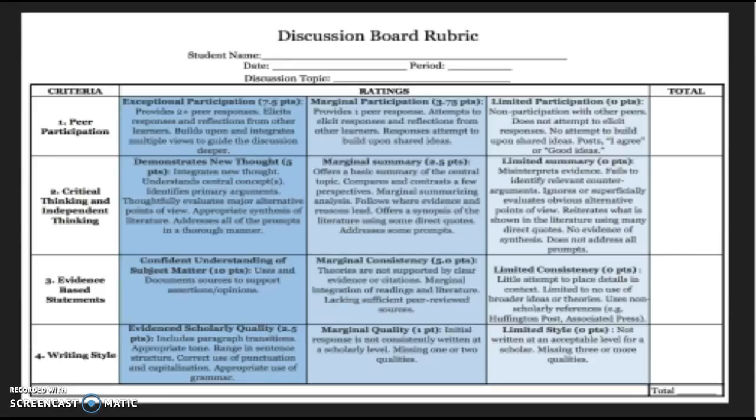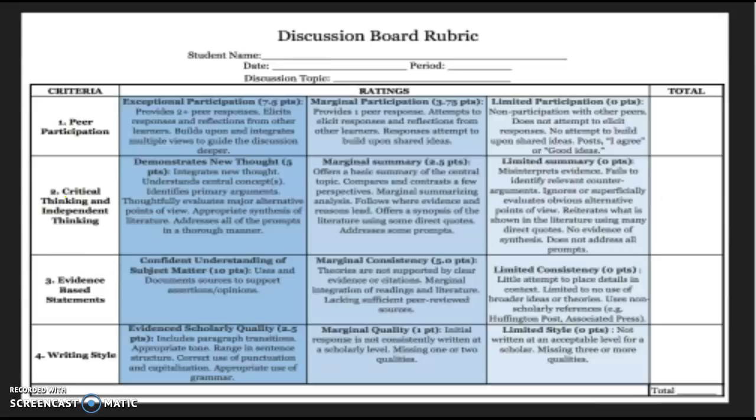Part 1, or the first criteria that needs to be met, is peer participation. As we discussed, you need to provide 2 peer responses, one that elicits a response. And when I say elicit, it means it encourages other classmates to respond to your response, if that makes sense. Kind of like this flowing conversation that provides new thought and builds on one another. 2 is critical thinking and independent thinking.